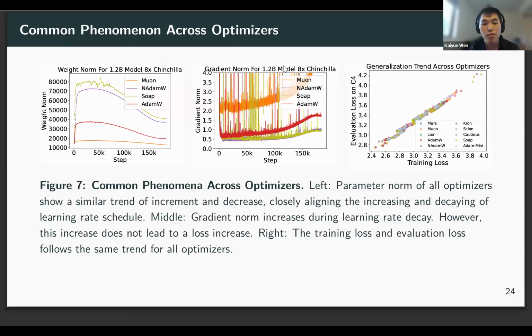One of the things that people may intuitively want is that we don't want the weight norm to change at all. There is a way to do that, which is essentially setting the weight decay to have the same schedule as the learning rate decay, but with an affine transformation. If you do this, then the weight norm will be much more controlled.